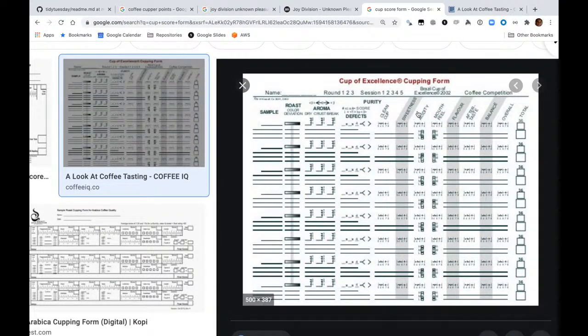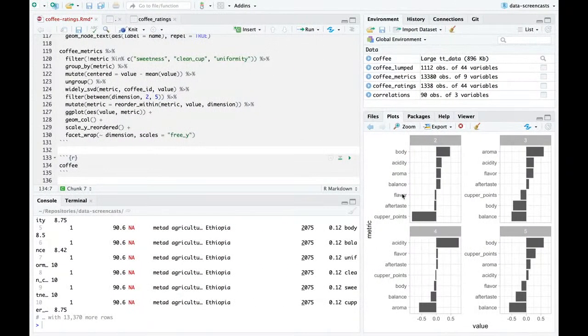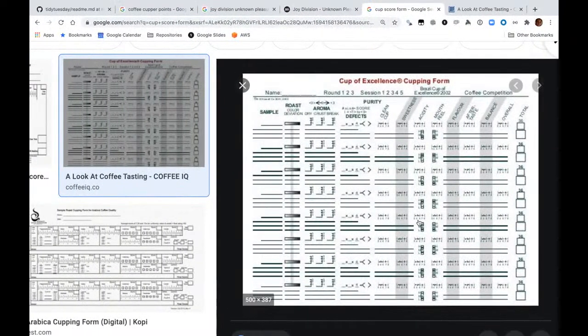Clean cup, sweetness, acidity, mouthfeel, flavor, aftertaste, balance, overall. I think overall represents a cupper score, which I notice is interesting, is a little bit separate from body. Maybe their overall doesn't associate with a good overall score, or at least less than other ones do.